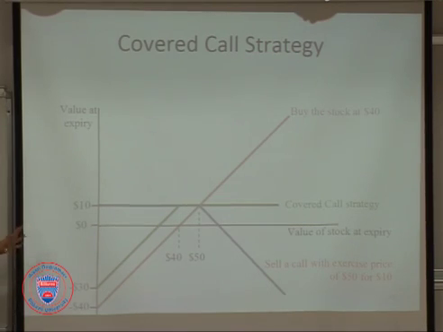I don't know whether it makes a lot of sense to do it, but here again, if you don't like risk, you can do it, because if the stock does well, you're getting lots of money, but if the call doesn't do well, you're losing lots of money. So doing this together will smooth out your payoff when the price is higher than 40. So this is the covered call.